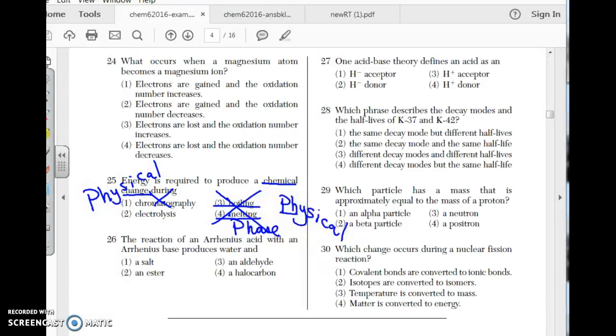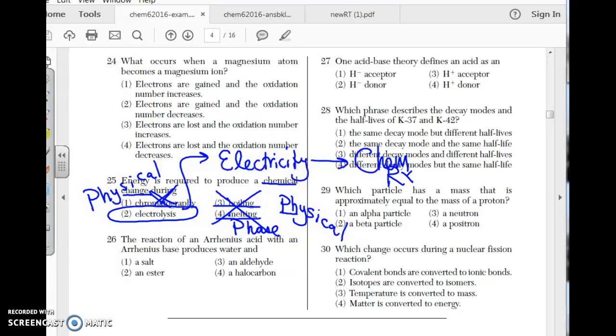So these are all physical changes or entail physical changes. That leaves us electrolysis. Remember, in an electrochemical cell, you have to supply electricity to an electrochemical cell, and that's going to drive a chemical reaction. RXN is a way of abbreviating reaction. Just a fun fact for you. So it has to be electrolysis.